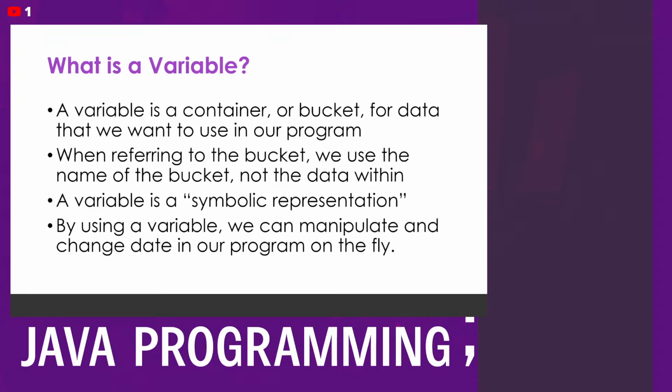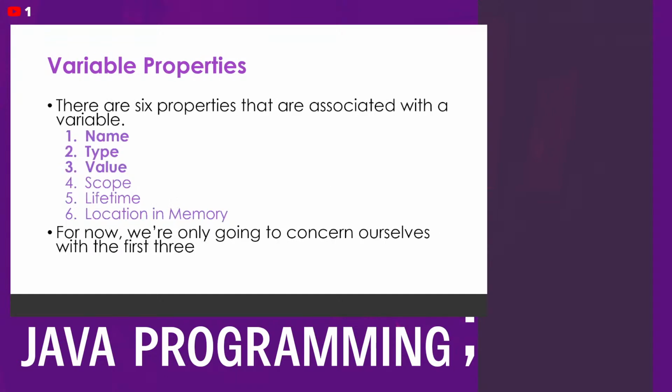But a variable has multiple properties that are associated with that variable. And for the purposes of this course, we focus on 3 of them. We'll bring in 4 a little later on in the course.